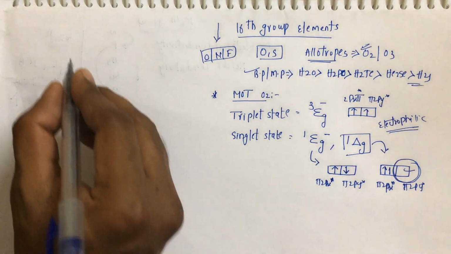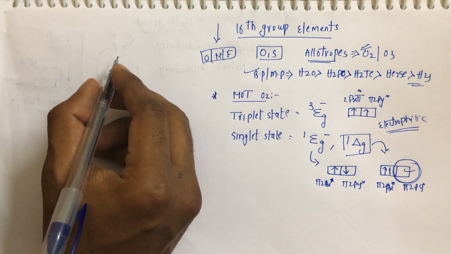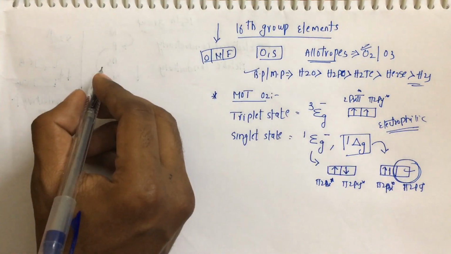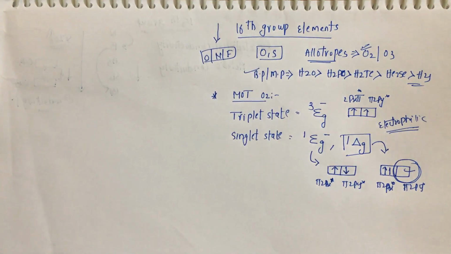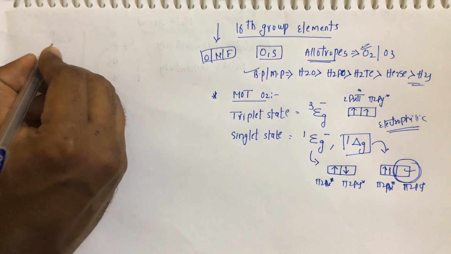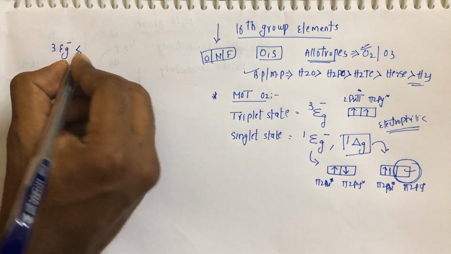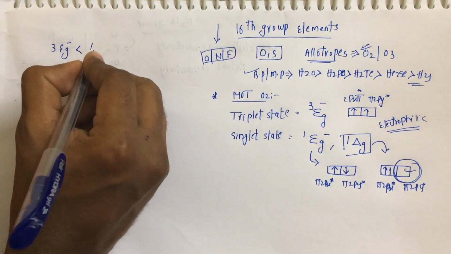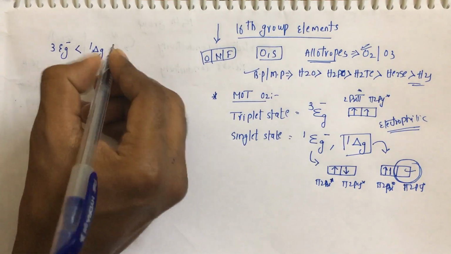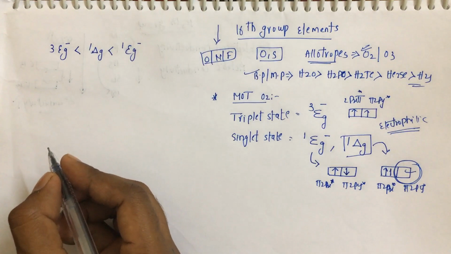Now, for most of the reactions, we have three term symbols. If we see the energy order, the triplet will have the least energy, then 1Δg, and the higher energy will be this one. So this is the energy order.